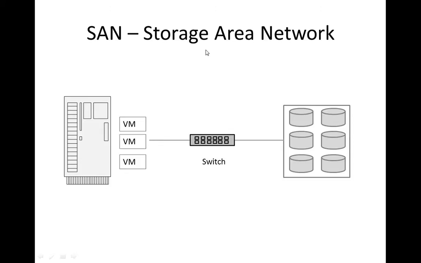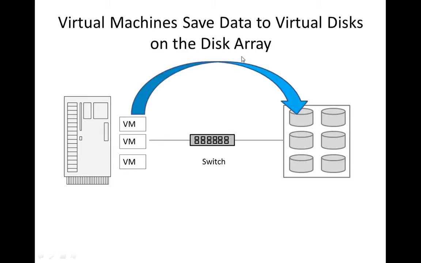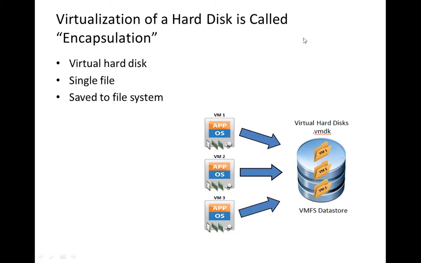In a storage area network, the virtual machines save their data to virtual disks on the disk array. Virtual disks. Now, as we will see later in this course, we will look at the concept of encapsulation.